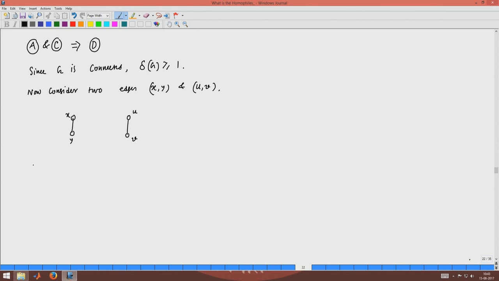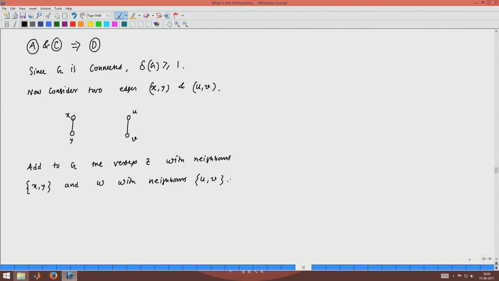Now, we use the expansion lemma. So, we add to G a new vertex z with neighbors x and y, and w, a new vertex with neighbors u and v.